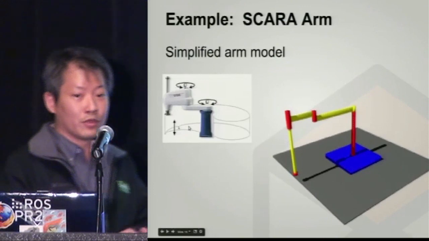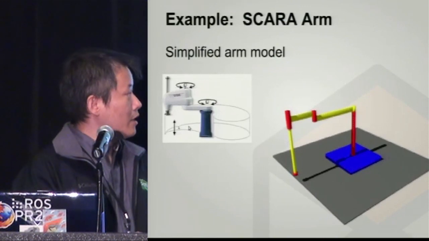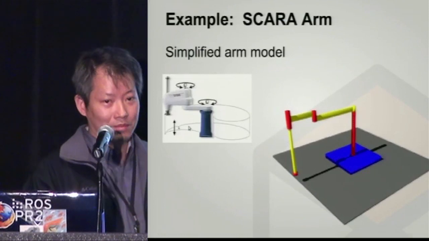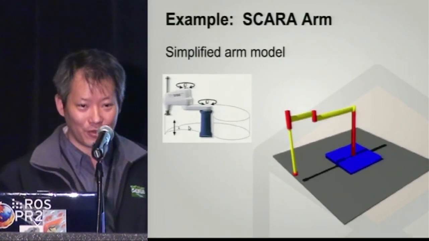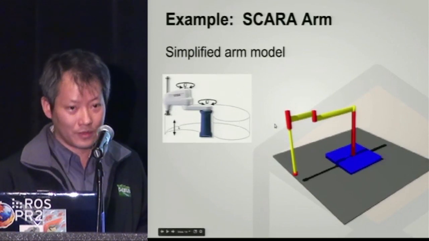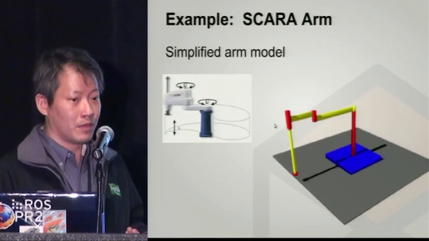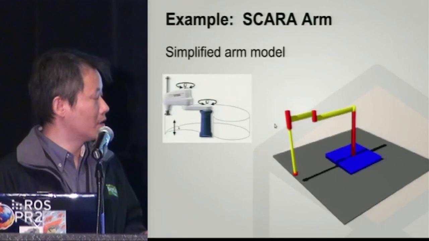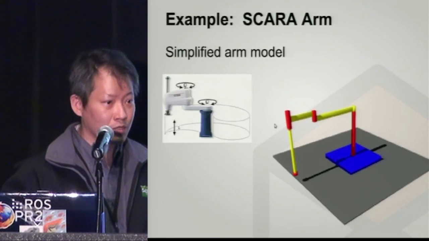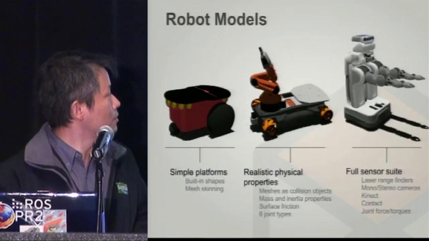Another example is a simple robot arm, something like a SCARA arm. You can actually hand code this in URDF with a text editor in about 10 minutes. That's one thing I like about URDF. But normally, you build a simplified version of the model for debugging purposes, with as few joints as you can and fewer visual effects.